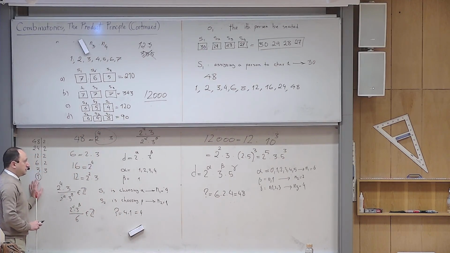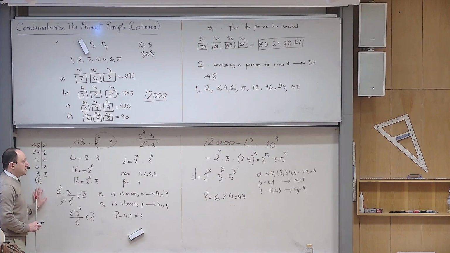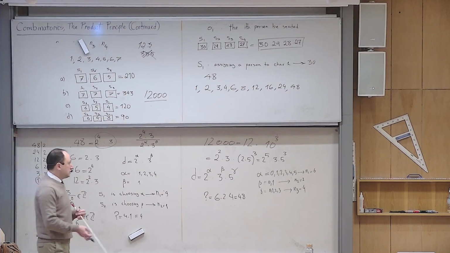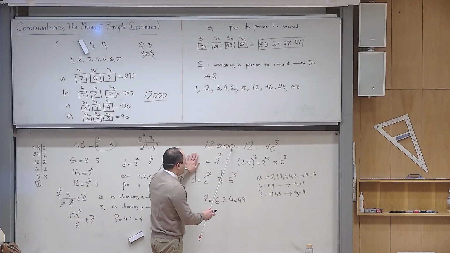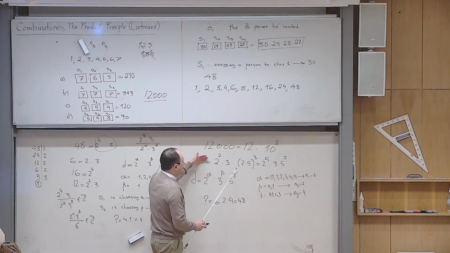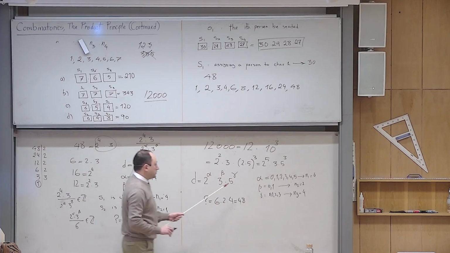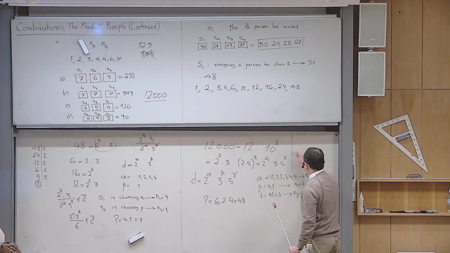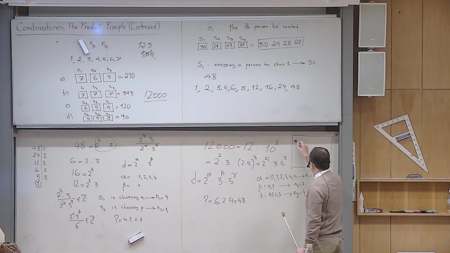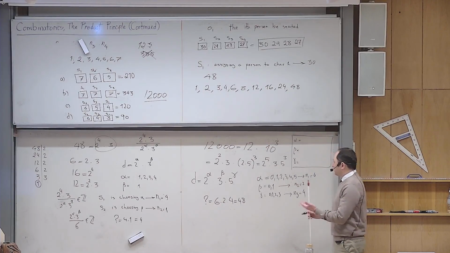4. Okay, let me ask the same question here for 12,000. How many of these divisors themselves are divisible by 100? So this time I am interested in all the divisors of this number which are themselves also divisible by 100. How do you think it will change the number of choices that I have for alpha and beta? This is for the new problem, so alpha, beta, and gamma. If you can answer this question, it means that you understand what I said.